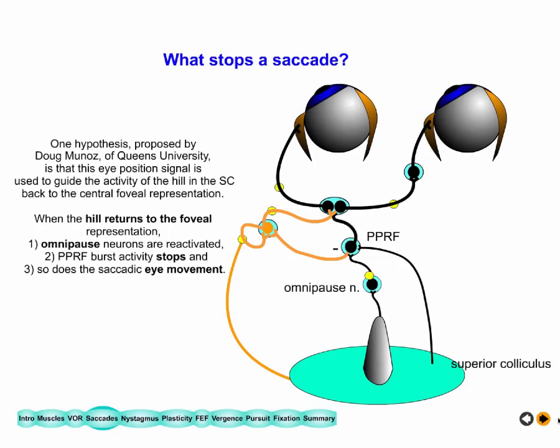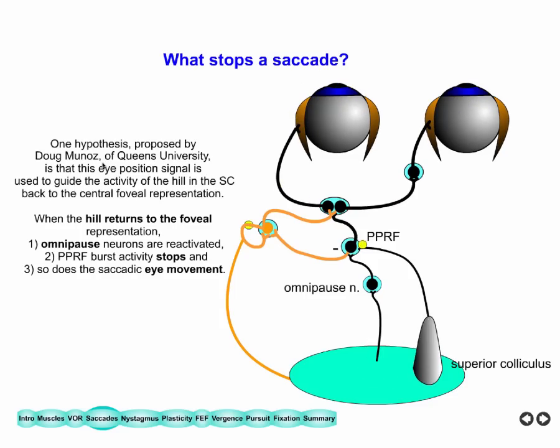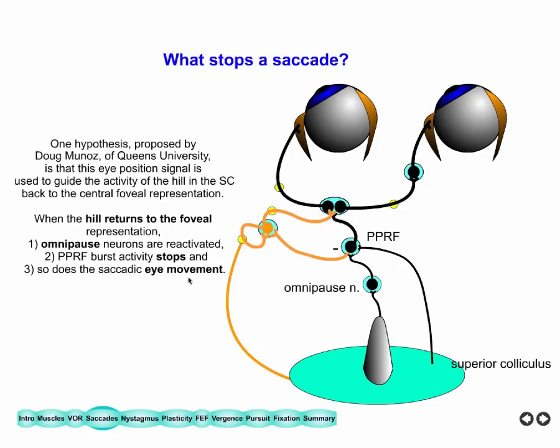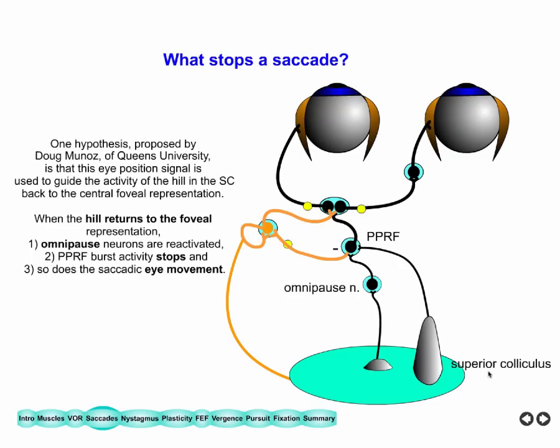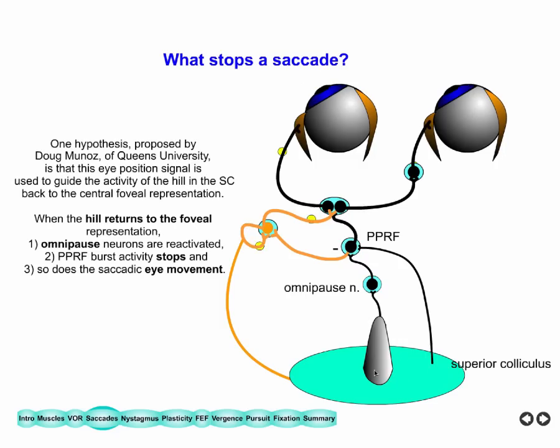And where does it go? Well, the neat thing, or one theory anyways, is from a fellow called Doug Munoz. He's a good friend of mine. He's at Queen's University, and many years ago he proposed that this signal here is your internal estimate of where the eye is. It sends a signal to the superior colliculus, moving this hill of activity from where it started over to your fovea.